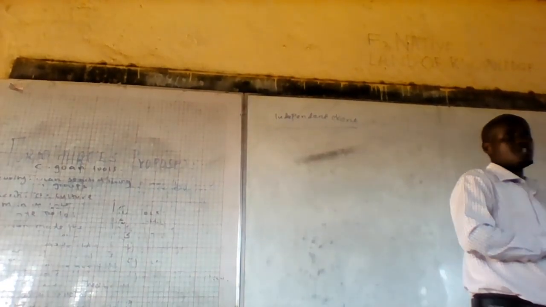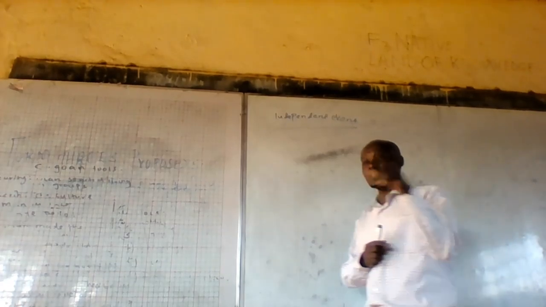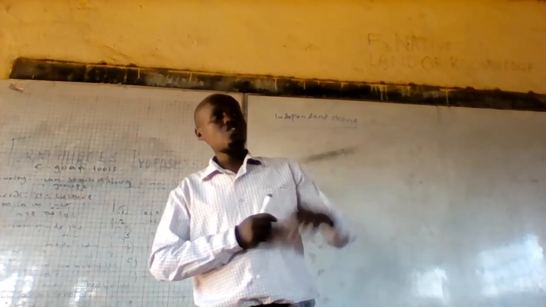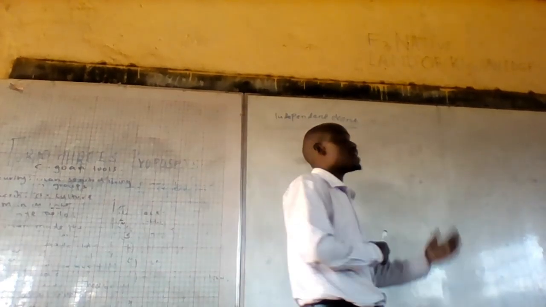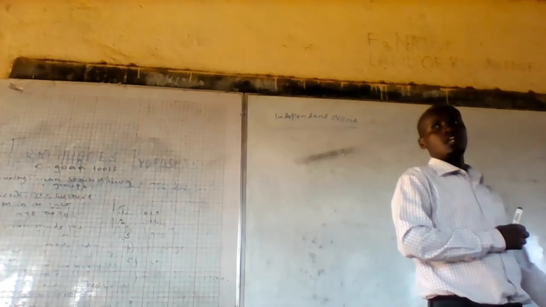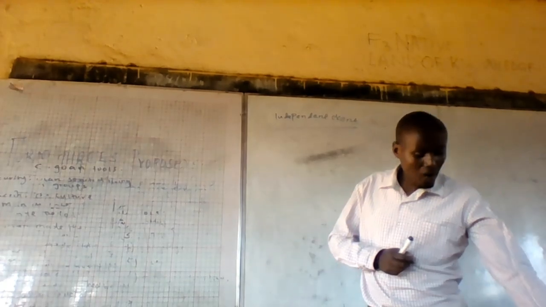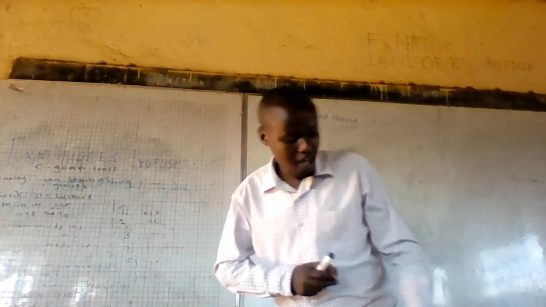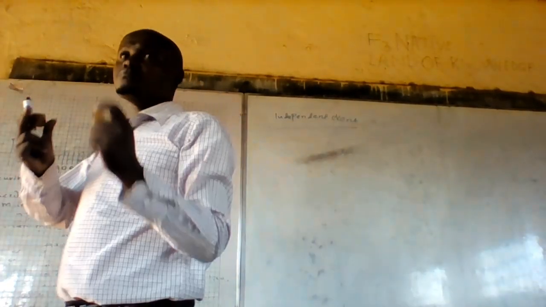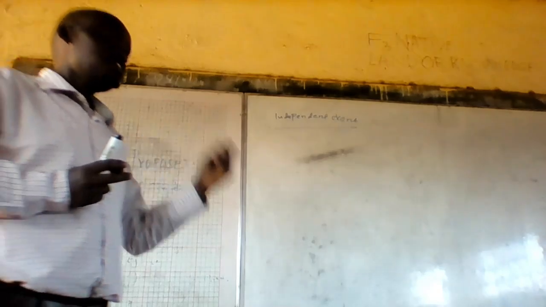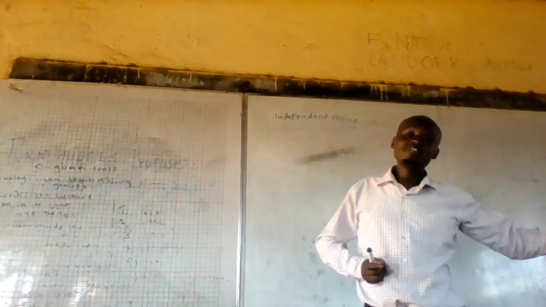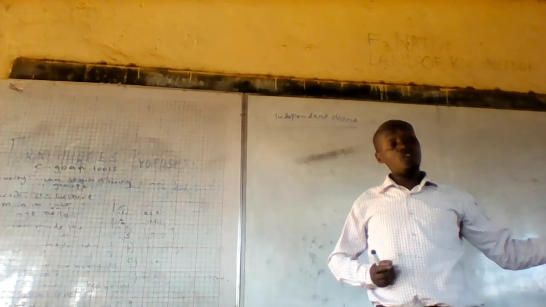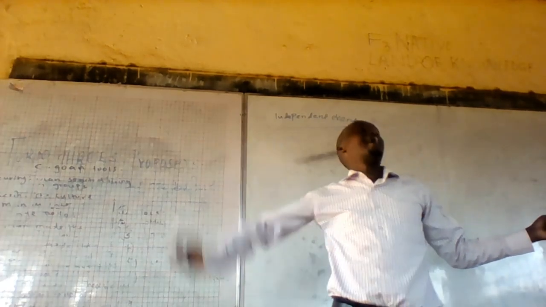What does vice versa mean? It means the opposite is also true. The occurrence of B does not stop or influence the occurrence of A. Are we together? If I have a coin and a die, if I toss them together, the occurrence of a head does not influence the occurrence of a one, for example.